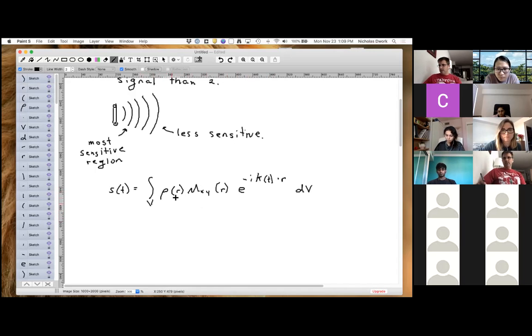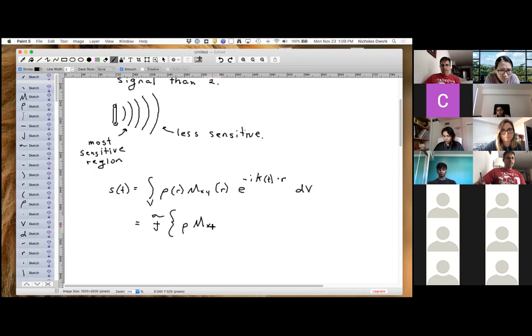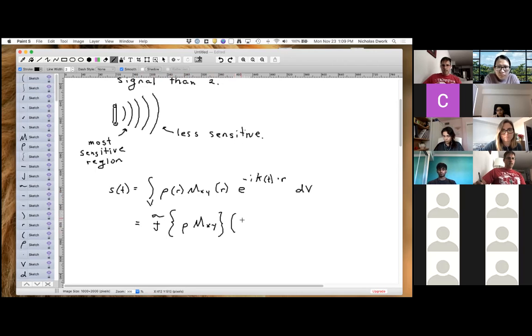And this function rho is called the sensitivity map of the coil. And so the signal we measure is not the Fourier transform of the object. It's the Fourier transform of the object times the sensitivity map evaluated at k of t.